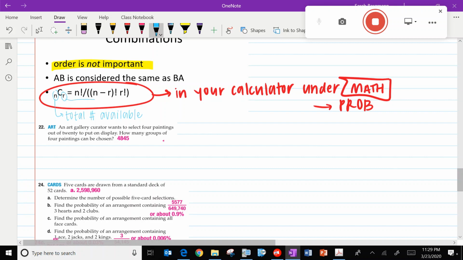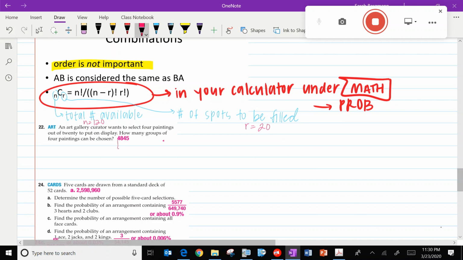R represents the number that you are going to actually take and put in order. So let's say out of all of my 120 students, if I could only take 20 on the field trip, N would be equal to 120, R would be equal to 20.